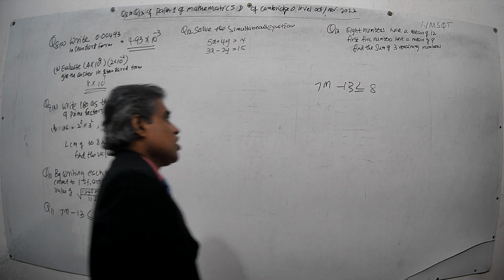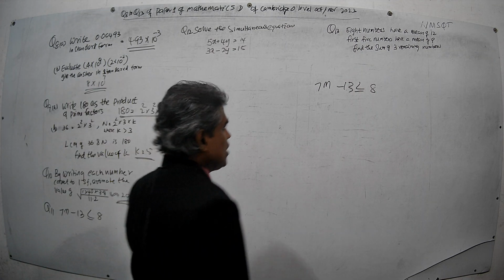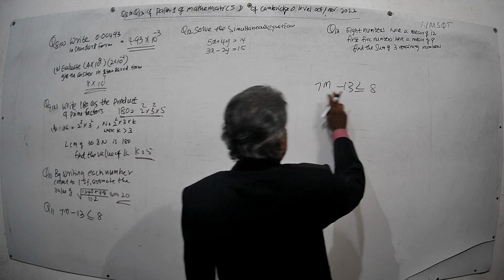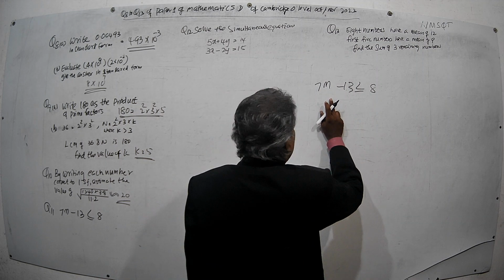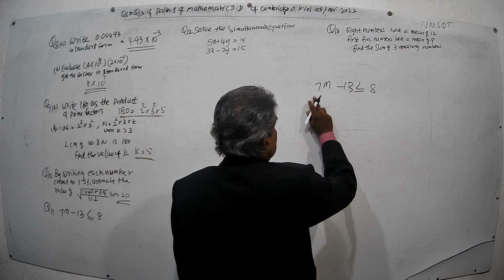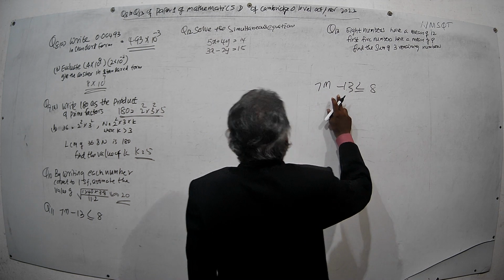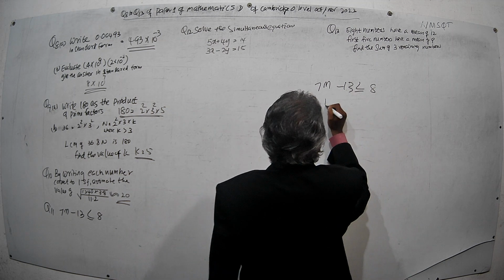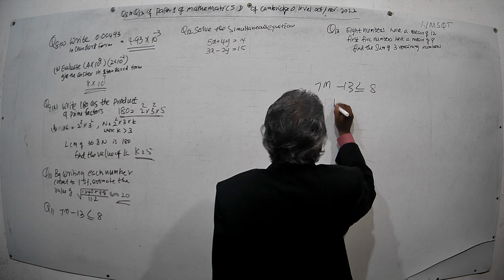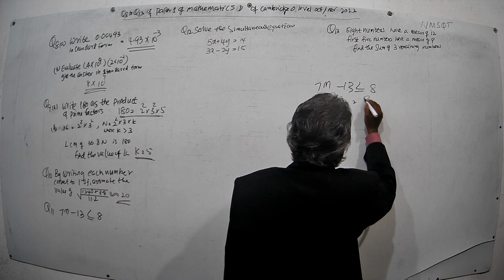Then solving an inequality is just like solving an equation. Isolate 7m on this side. Then for that take this minus 13 to the other side. Then minus 13 will become plus 13. Then 7m is less than or equal to 8 plus 13.